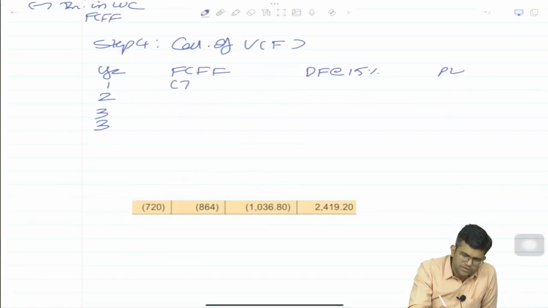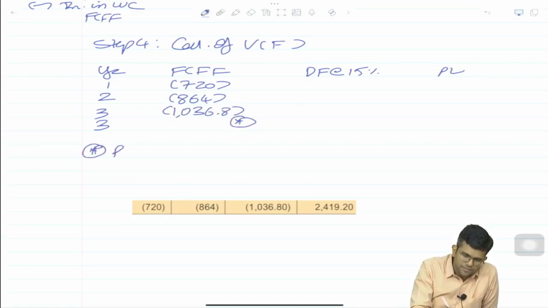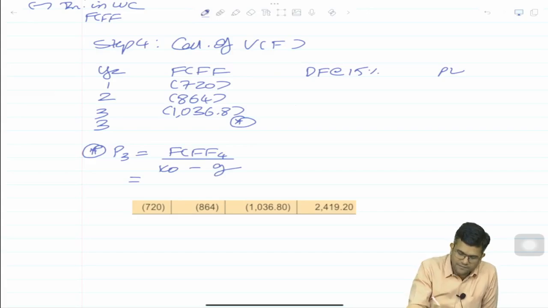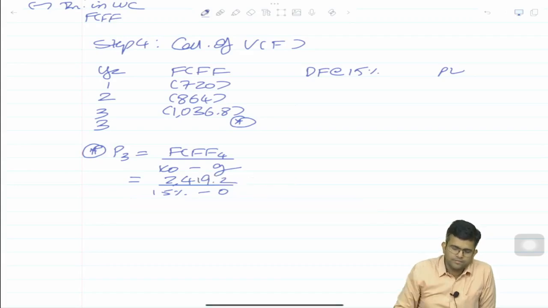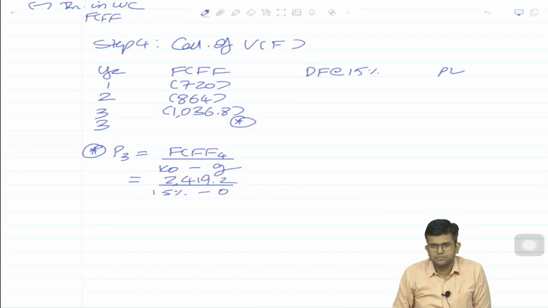So this is negative 720, this is negative 864, this is 1036.8, and then we'll put a star. P3 is equal to FCFF4 upon KO minus G. FCFF4 is 2419.2 divided by 15% minus 0, na? There is no growth. You all understanding, no? Sure.